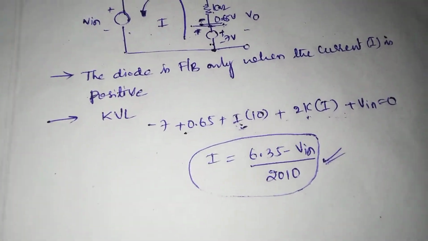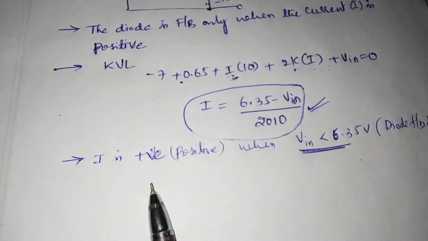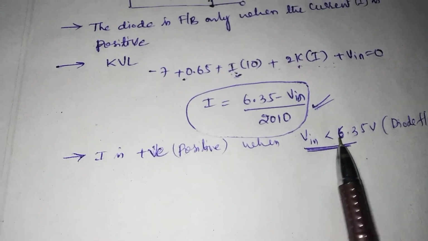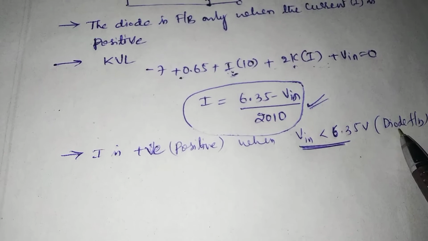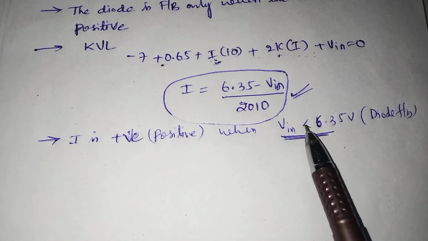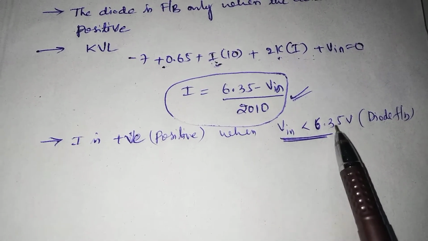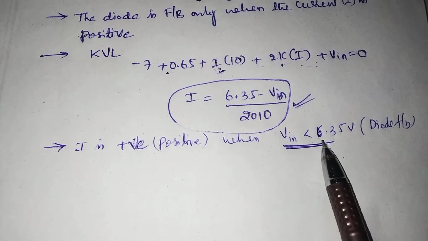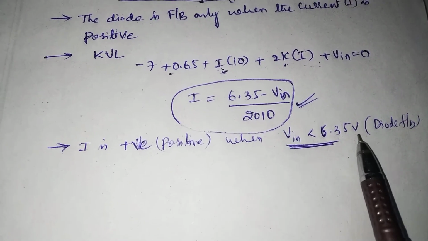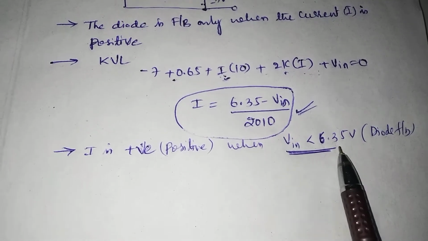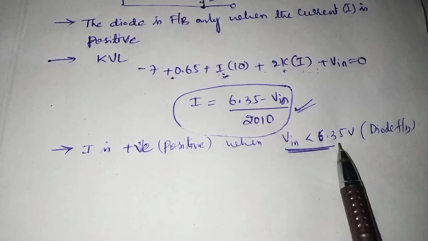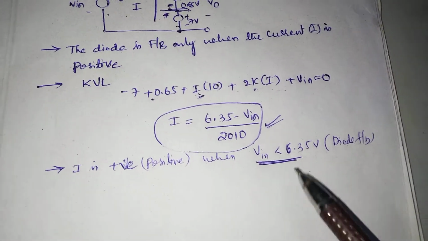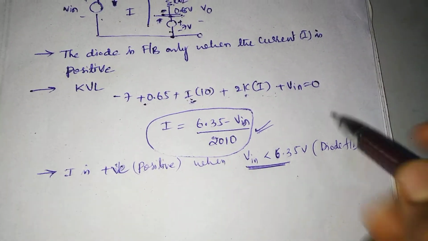Here the current is positive when this condition is satisfied. Under forward bias, the diode is forward biased when the input voltage is less than 6.35. This is the cutoff condition when I is positive under forward bias. V input less than 6.35 volts, right? Remember where we get 6.35?